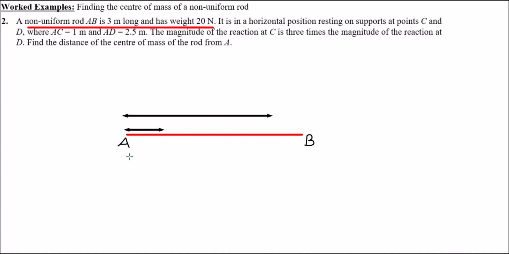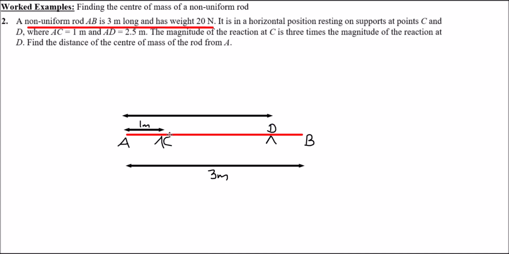Of course, the full length of this is 3 meters, so I'll label that on too. The more we label, the better. So that's 3 meters. There's a support at C, which is here, and that distance is 1 meter from A. There's a support here, which we labelled as D.